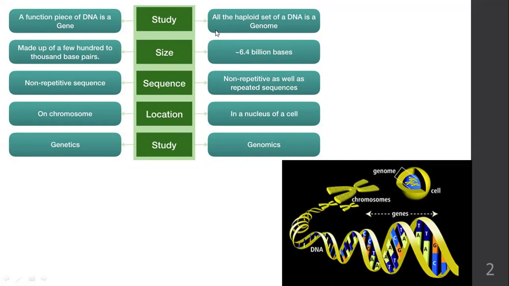The 23rd pair determines whether you are a male or a female. XY is male, XX is female. For the remaining pairs, up till the 22nd pair, males and females have the same structure. We all have the same internal structures except for the reproductive organs, which are determined by the 23rd chromosome.